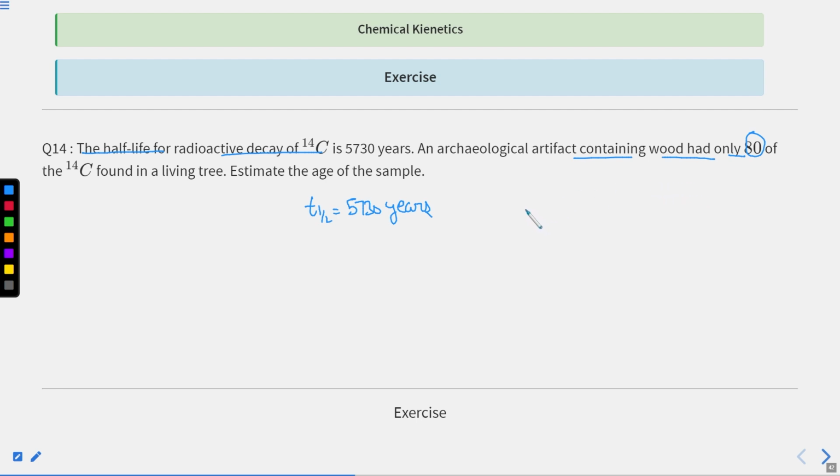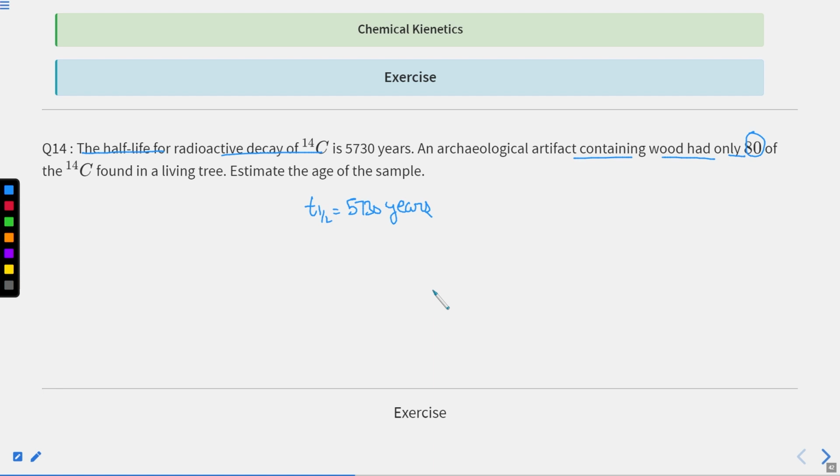Estimate the age of the sample. So basically it is said that we have a radioactive decay of 14C and it has this T half. Also it is mentioned that the wood had only 80% of the 14C left. Okay, estimate the age, you have to calculate the age.